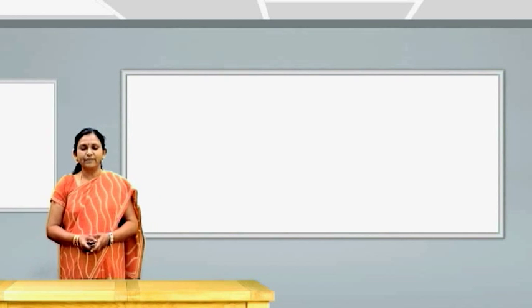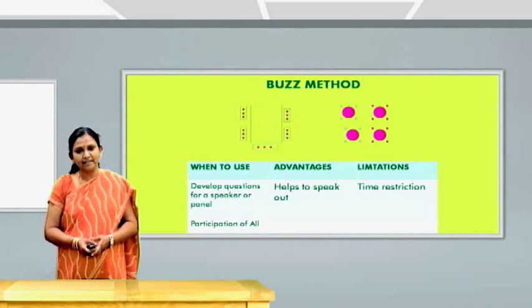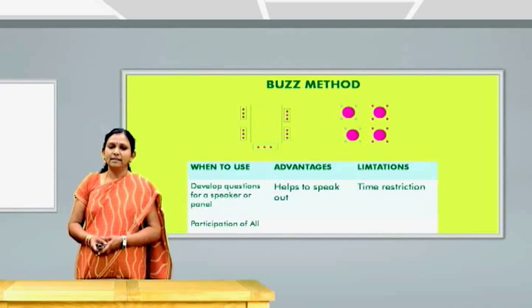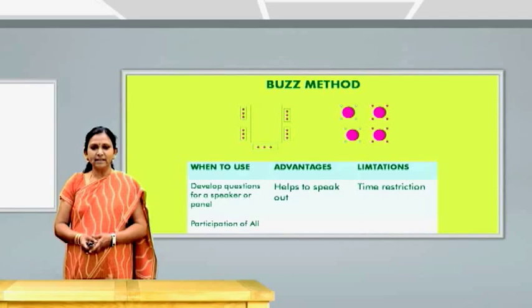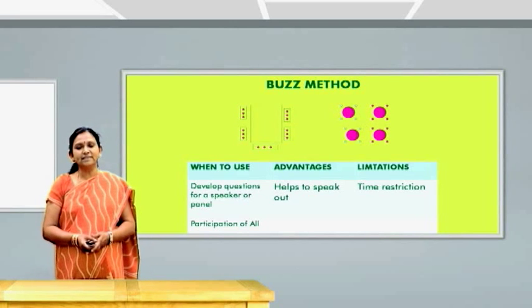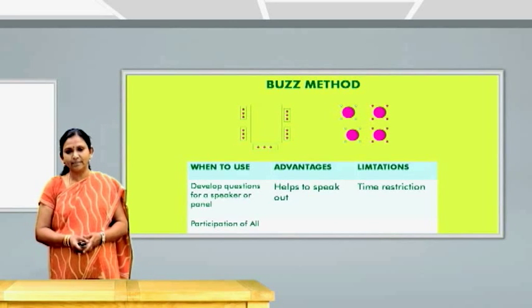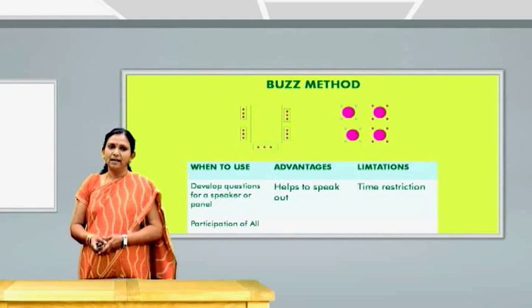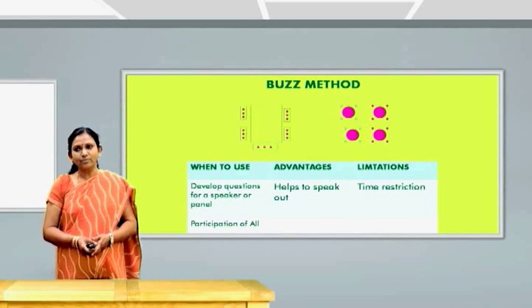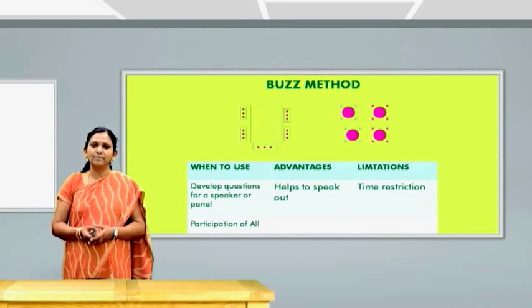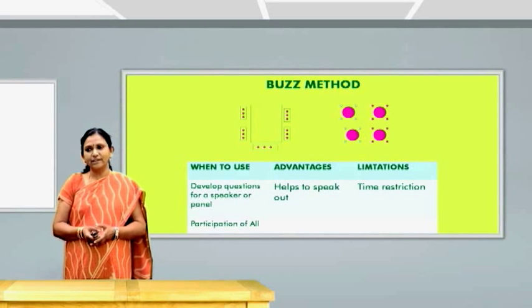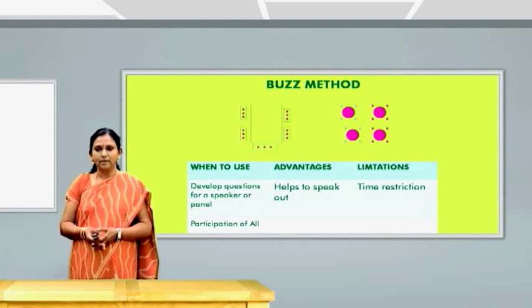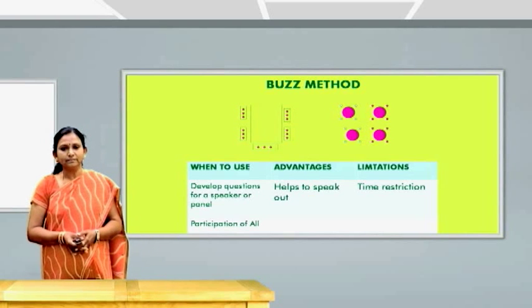Buzz method is very ideal in management trainings, and here the trainer introduces the topic and then divides the participants into different groups. Within the classroom or the training hall itself they can be divided into groups, and topics are given for them to discuss.